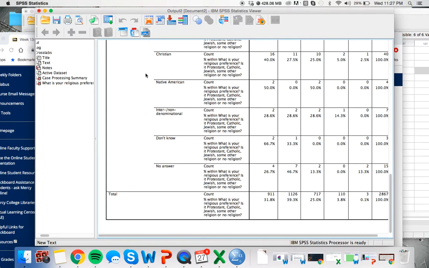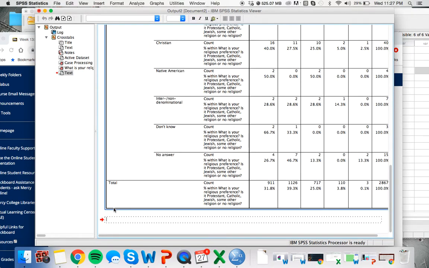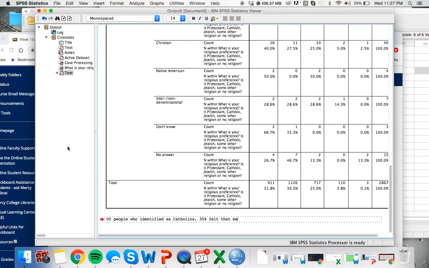Hopefully that'll work. Okay, so now we would say, well, of people who identified as Catholics, 35, whatever it was, % of them felt that marijuana should be made legal, okay?